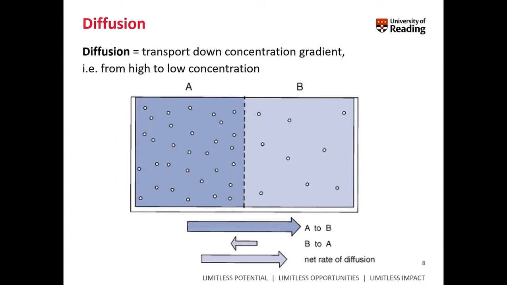And by colliding with each other in a random way, if we have a higher number of collisions in A than we have in B, and the species cannot go on top, cannot go on the left, cannot go on the bottom, then there will be only one possible way they can go, which is from A to B. But molecules present in B can theoretically move from B to A. But the total number of collisions that the particles have in the unit of time in A is higher than in B. So there will be a driving force coming from the sporadic collisions of molecules in A that is stronger than the overall force that pushes particles going from B to A. So the net rate of diffusion is from A to B.